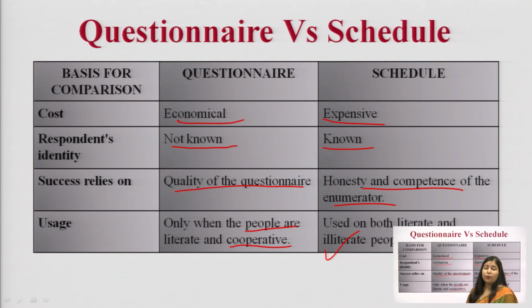But when the people are literate but not ready to respond, not cooperating, in that situation we use the schedule. So, the schedule is used when your respondent is not literate, or when your respondent is not ready to cooperate properly.